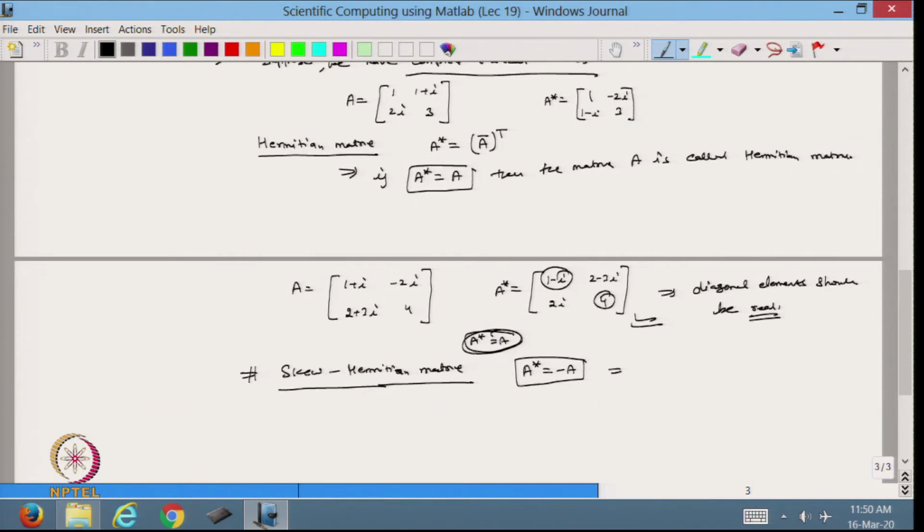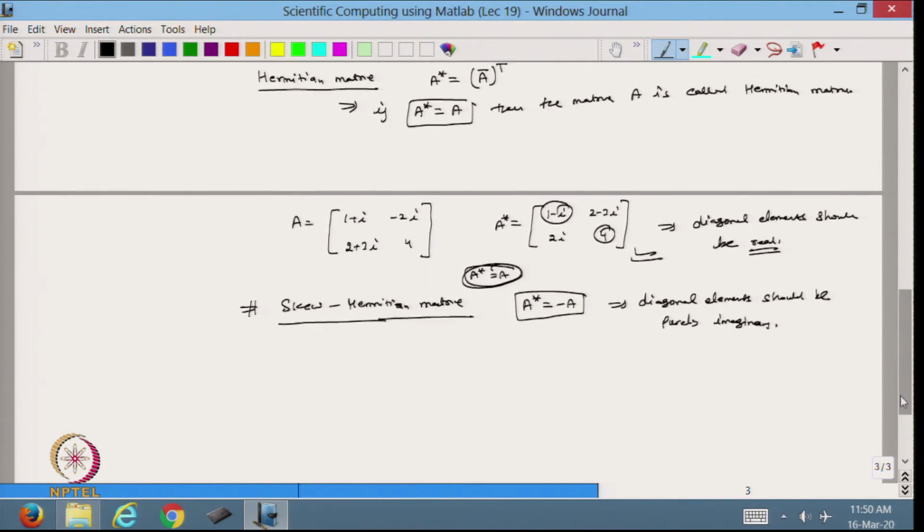In this case the diagonal elements should be purely imaginary. In the real sense, we have seen that the diagonal element should be 0. So, you can say that the real part should be 0. So, it should be purely imaginary.